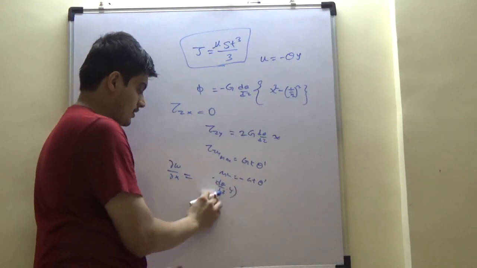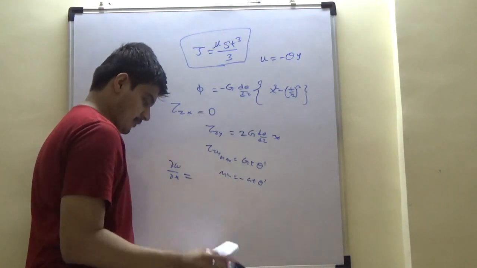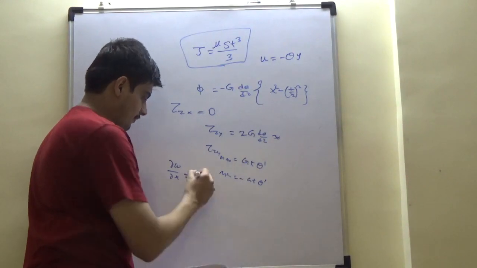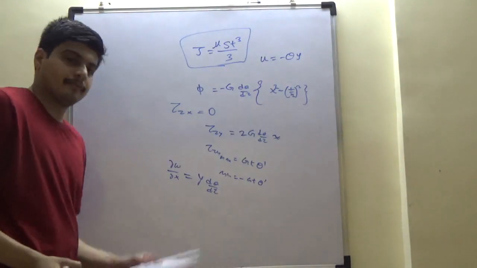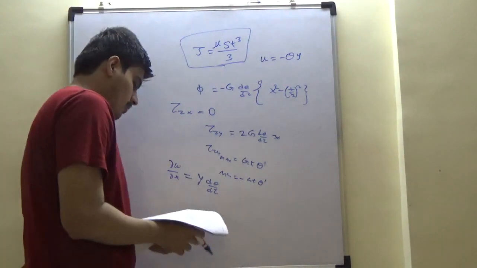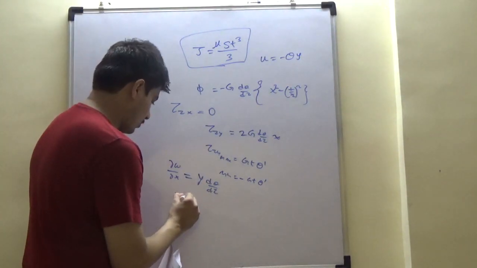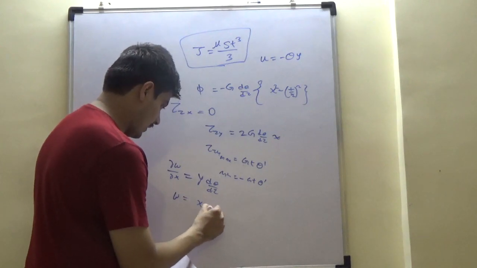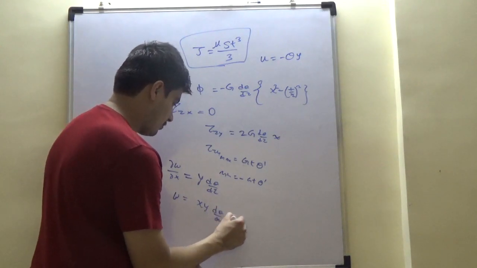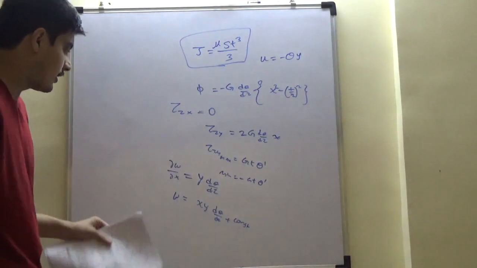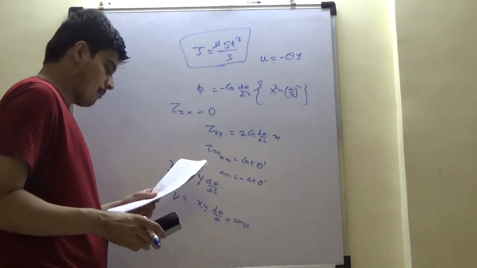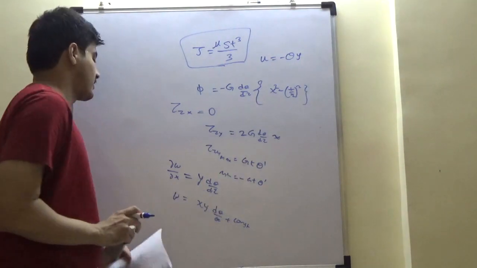So this becomes y into d theta by dz, right? So I get w as x y d theta by dz plus a constant. I can simply integrate, there is no x function here. So the warping function is something like this.